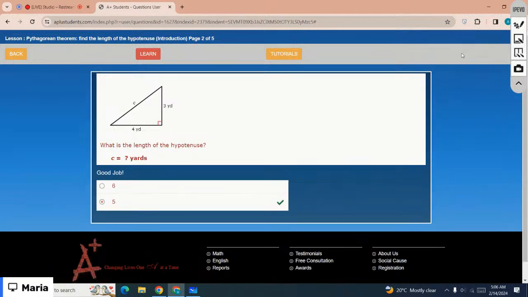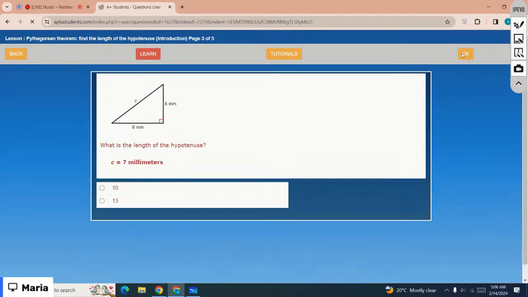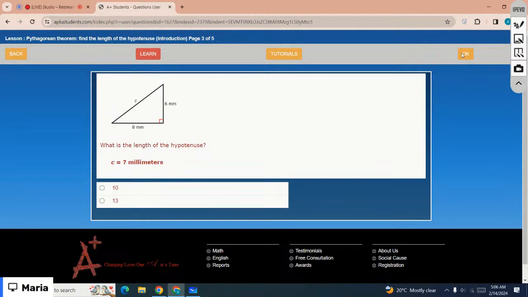Okay, the next one you have to do in your notebook and then write the answer in the chat box. What is the length of the hypotenuse? Which is the correct option?